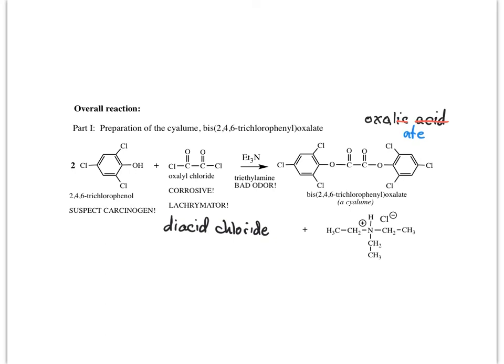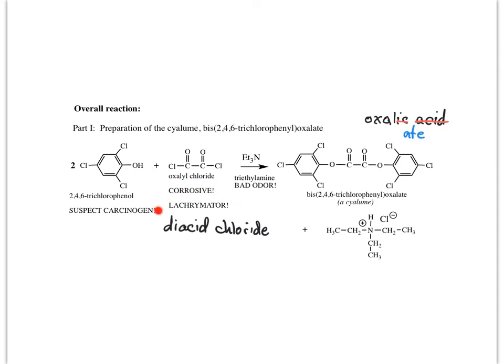So we have to be careful. These kinds of halogenated phenols are suspected carcinogens. So, handle them carefully, use gloves. Oxalyl chloride is very corrosive. So it will act on metals, but it's also a lacrimator, which means if you breathe the vapors, it will attack your mucous membranes and make them make mucus and tears.